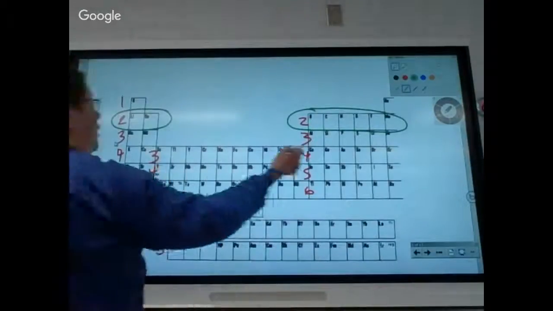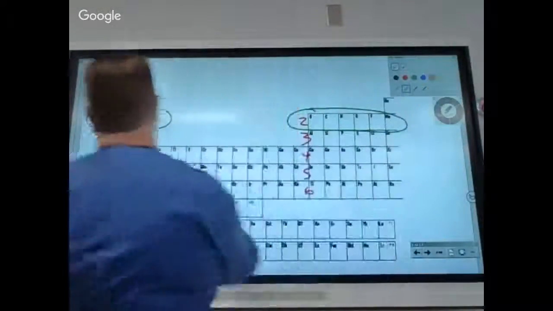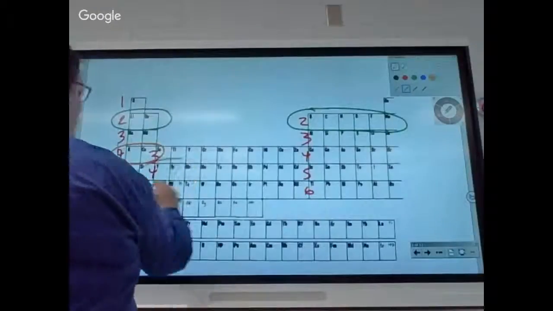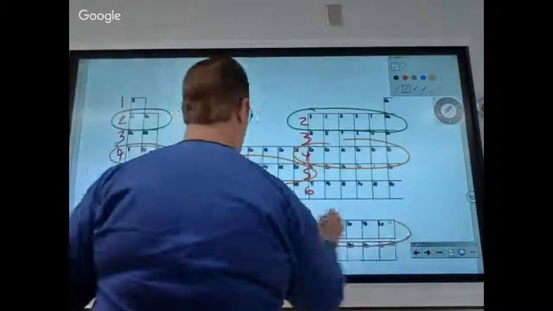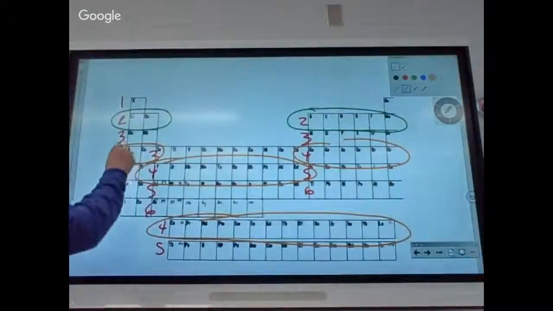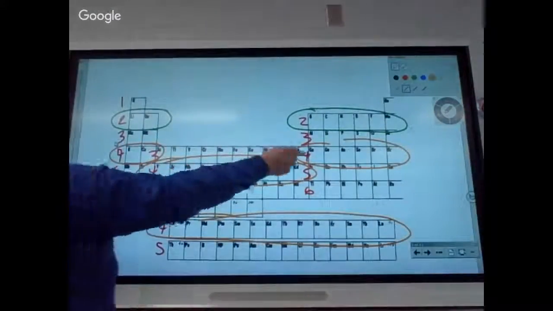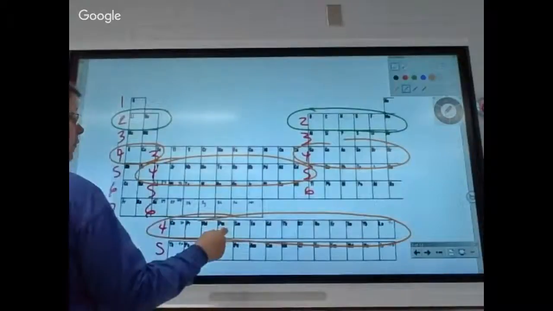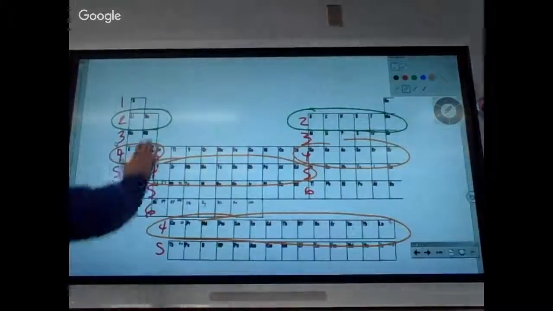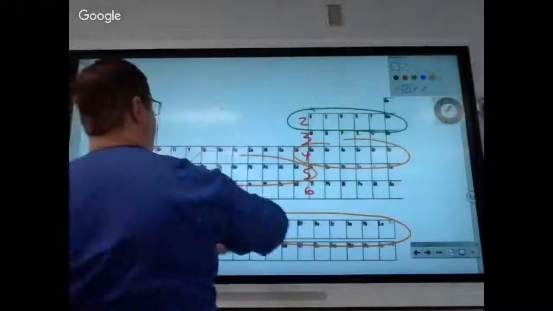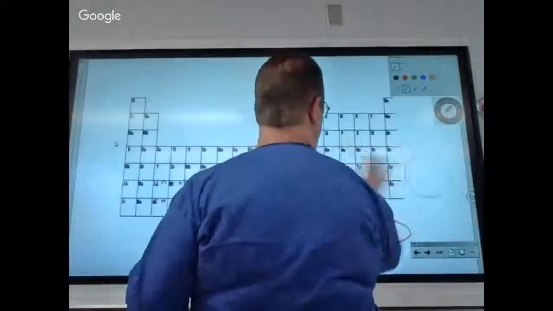Or you can simply look and say, where are my 4s? Here, here, here, and here. 2 plus 10 plus 6 plus 14 is 32. You can do it that way also. It's just a different method than what we've been using.